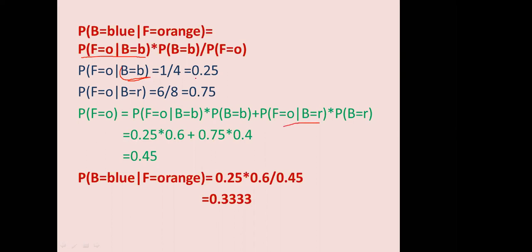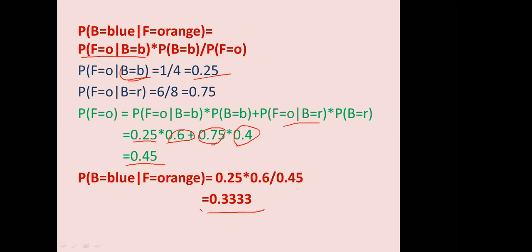If it comes out from the blue basket, the probability is 0.25, multiplied by the probability that the blue basket is picked, 0.6, plus, similarly, the second possibility is that the orange comes out from the red basket, multiplied by the probability that the red basket is picked, 0.4. By adding these probabilities we get the probability that the fruit is orange equal to 0.25. Substituting this value we get this probability as 0.33.